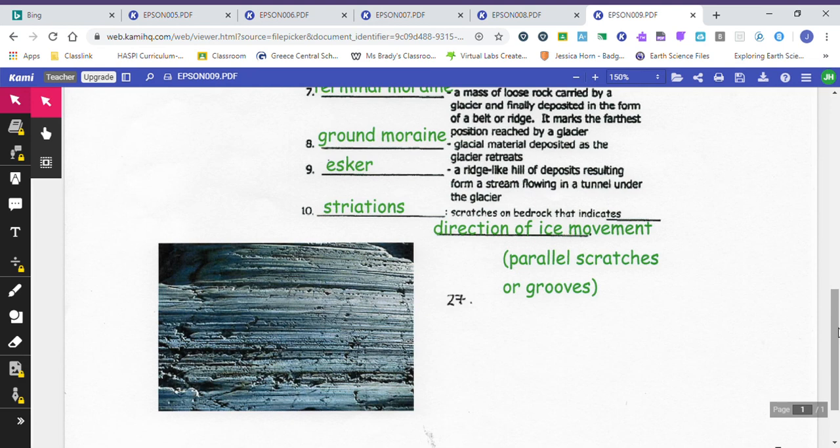Glaciers move with severe force, so if they're moving through an area, they are scraping up and making a mess wherever they go. So seeing these striations left behind is evidence that glaciers were here. And the striations are going to give you a hint as to the direction that the ice moved as well.